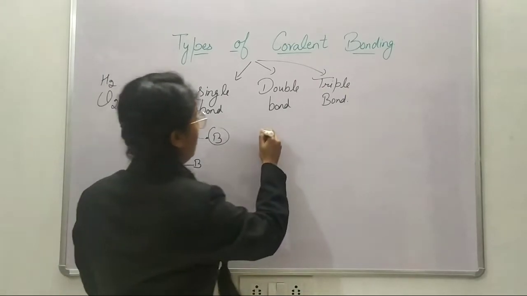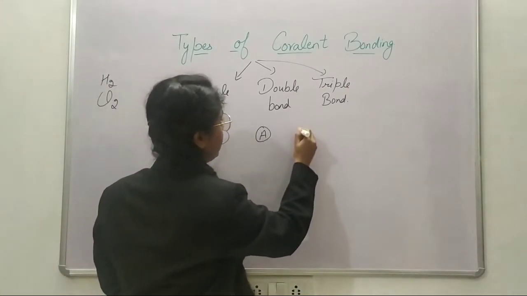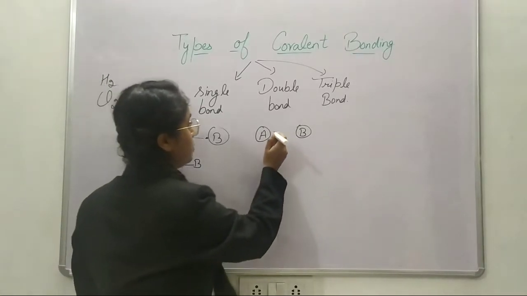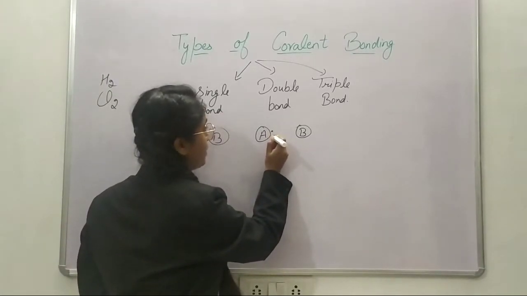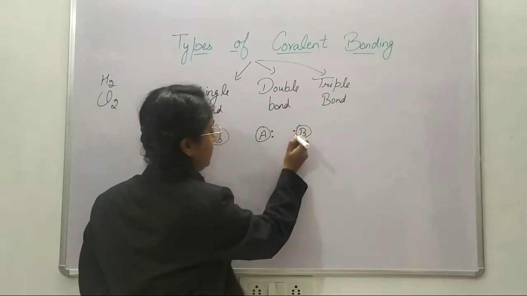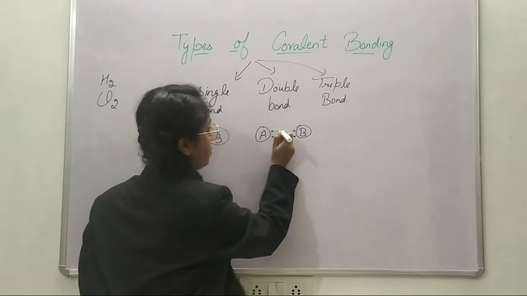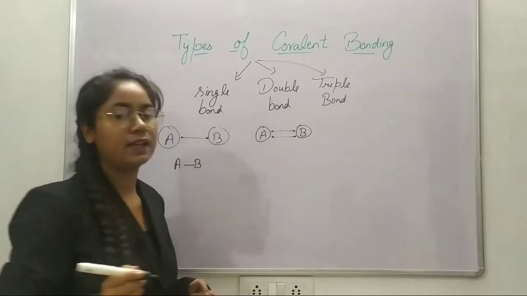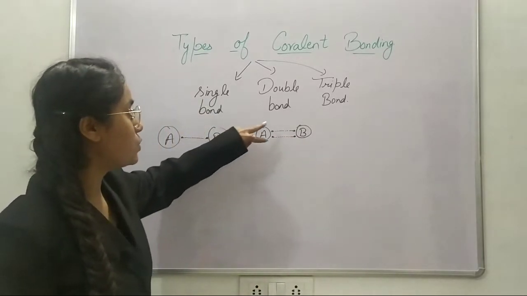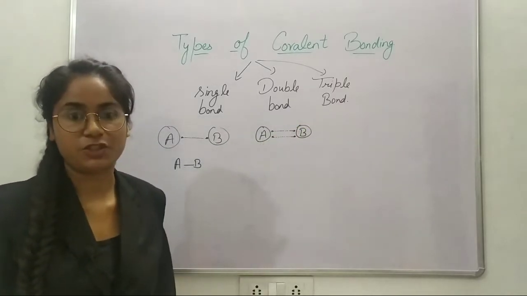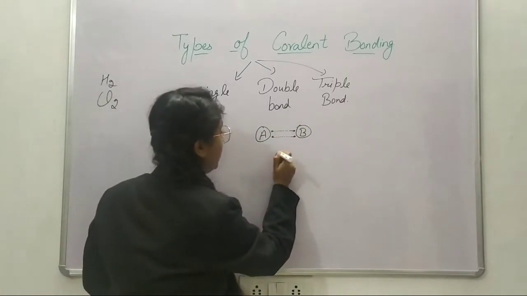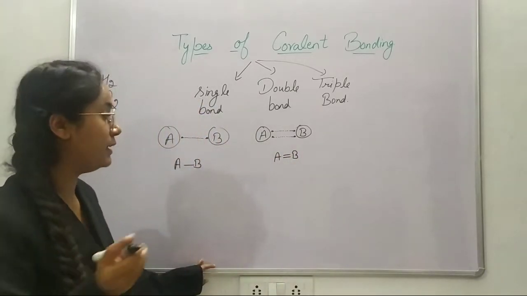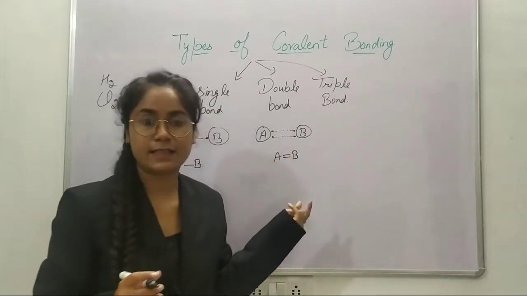Now let us get to the point for double bond. In case of double bond, again let us assume that we have these two atoms, and now these two atoms are sharing two pairs of electrons. They are mutually sharing these two pairs of electrons, and these two pairs are now forming a bond. Since two pairs of electrons have been shared, the bond will be a double bond and will be denoted as two lines.